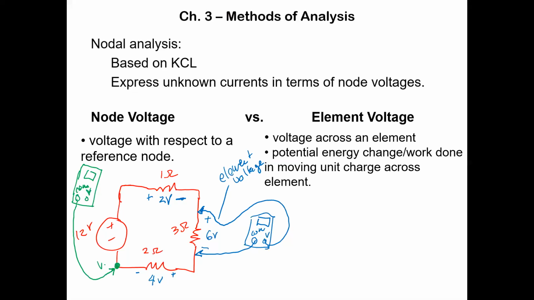And we're going to call this node VR. It's our reference node. And then we can move the volt side to here, or we could move it to here, or we could move it to here. In other words, we're going to hold the common point fixed, and we're just going to poke around the circuit with the volt wire and see what the voltmeter says when we move it around the circuit.